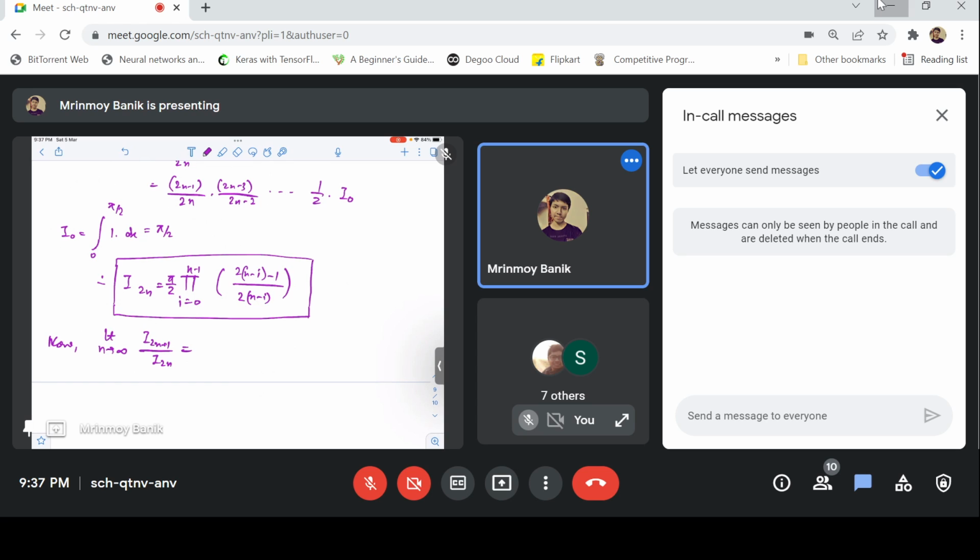So this is equal to, taking 2 common, we get 2 power n times n factorial, n factorial, n factorial.